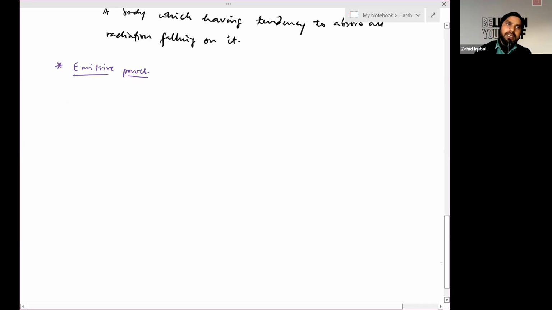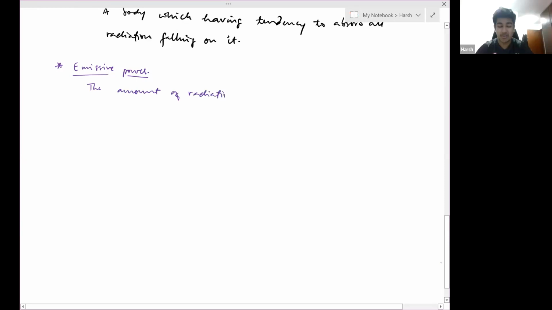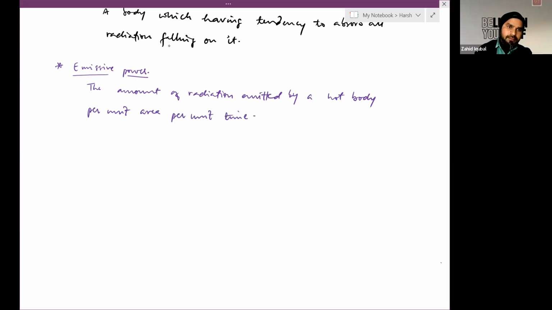The amount of radiation emitted by a hot body per unit area per unit time is called its emissive power.